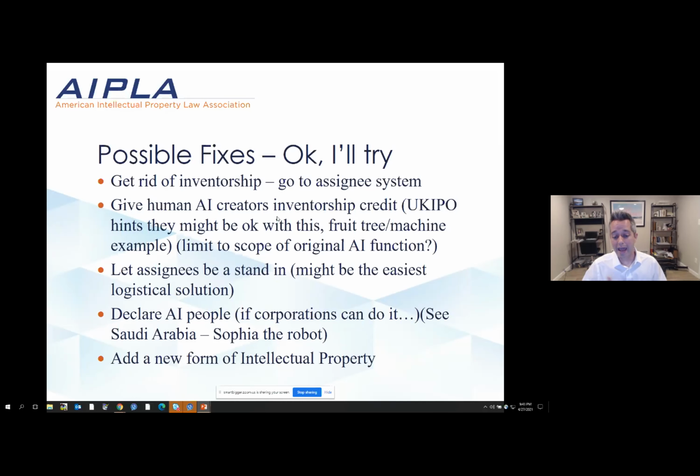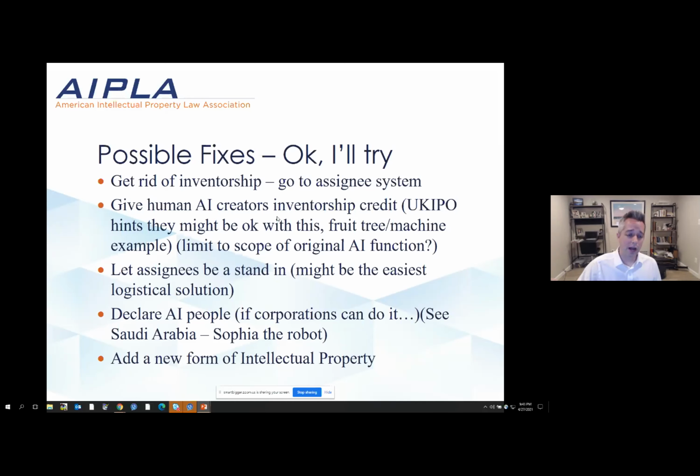So now we're just going to have a new form of IP protection for AI work product. And we're going to call it whatever it is you want. Call it Terminator or whatever clever name that you can think of, but we will give it certain rights, just like we decided with patents and trademarks and copyrights and trade secrets, and we will work with that.